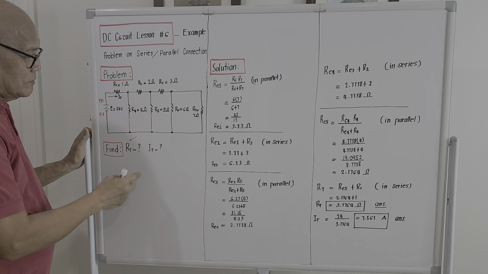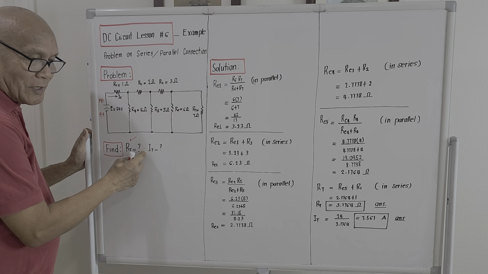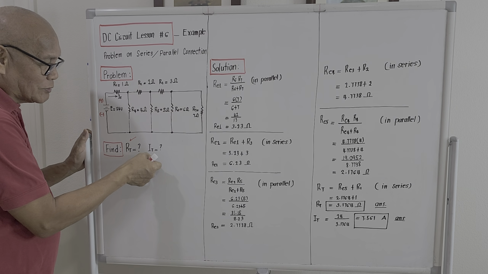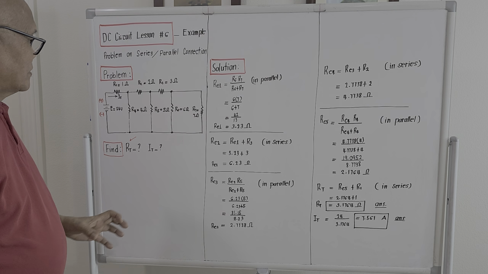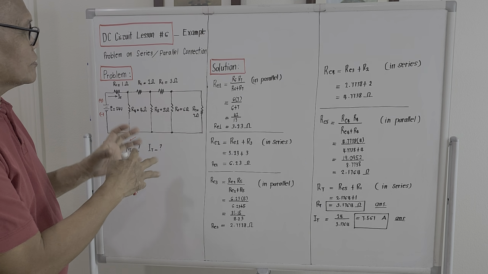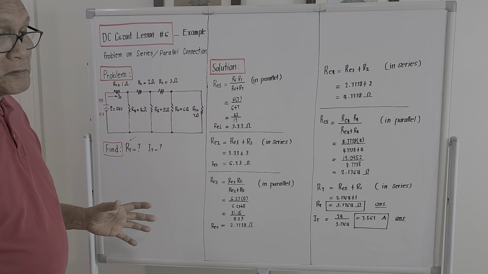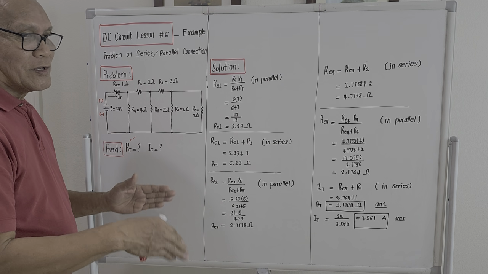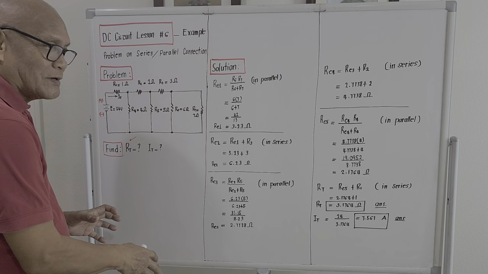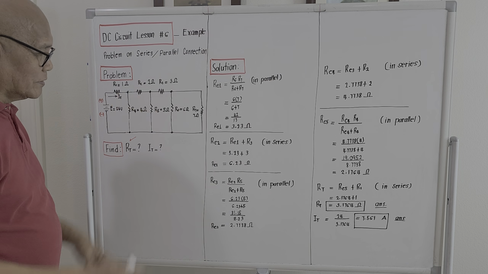Then after that, what will be capital letter I with the subscript T, meaning the total current? There are only 2 requirements, but since the connection is a series parallel connection, it's not an easy one, right? So we will be applying our knowledge of the series concept and parallel concept. Okay, let's proceed.